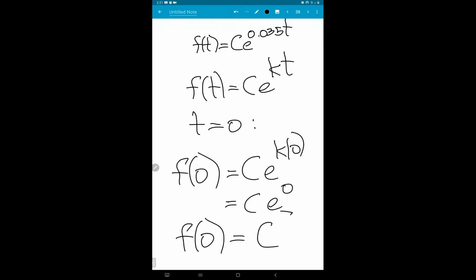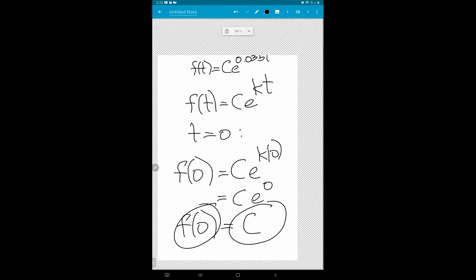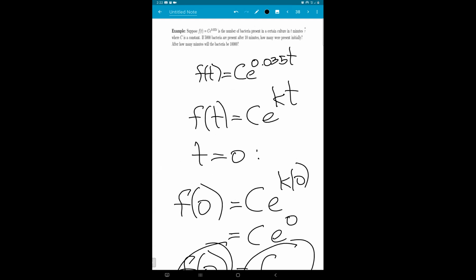So what does that tell you? C is the initial value at time t equals 0. So if you are given 2,000 as the initial population, then you put 2,000 right away for C there. Okay, but here it's not given.